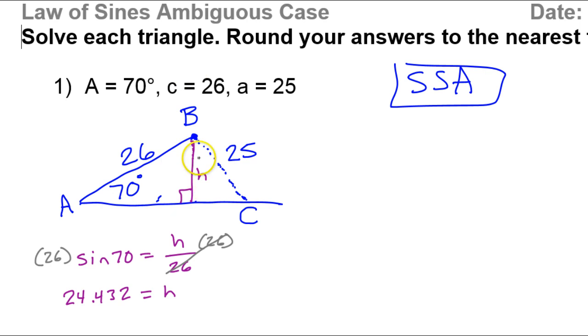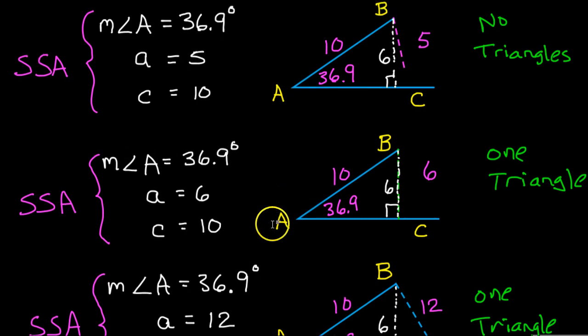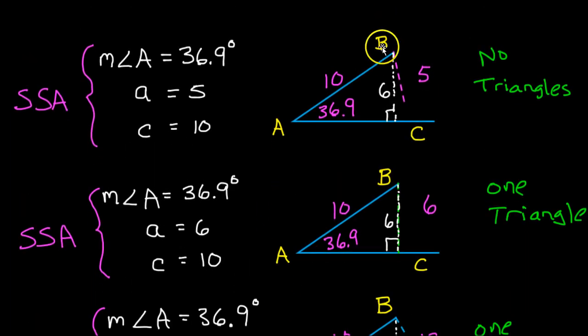So this is approximately 24.4. Now, we can start to analyze and see. First of all, can we make a triangle at all? Now, the time when we can't make a triangle is when this side is too short.